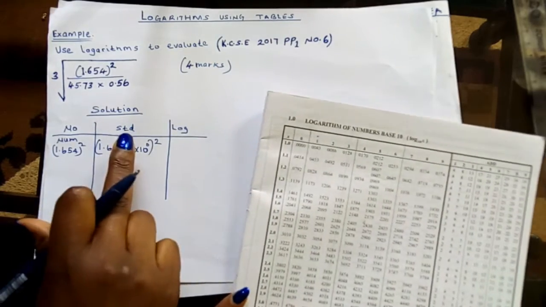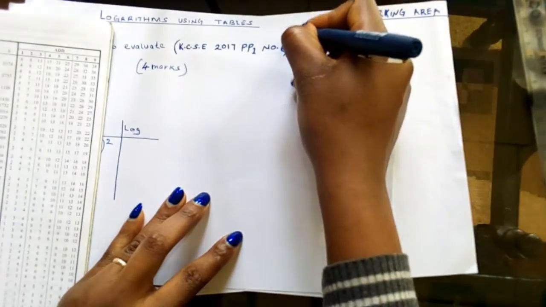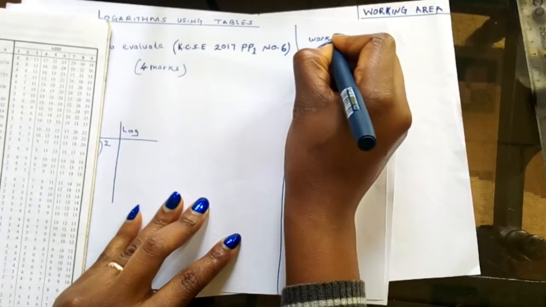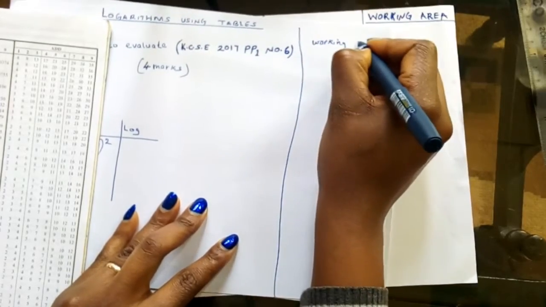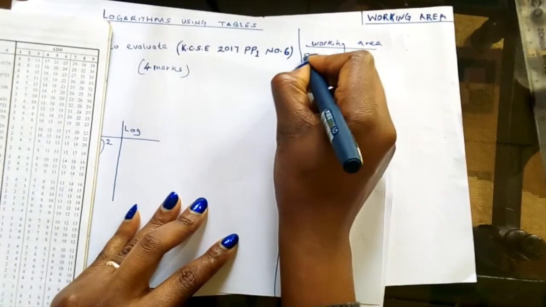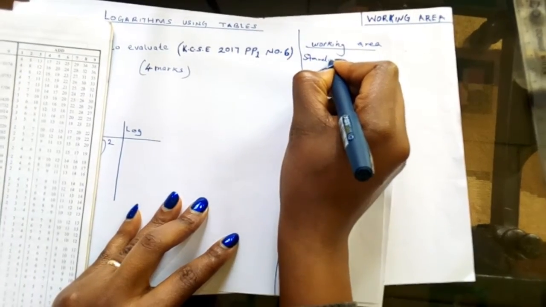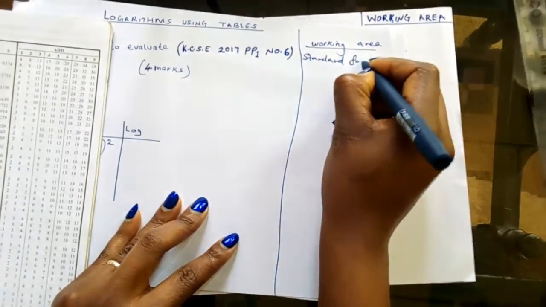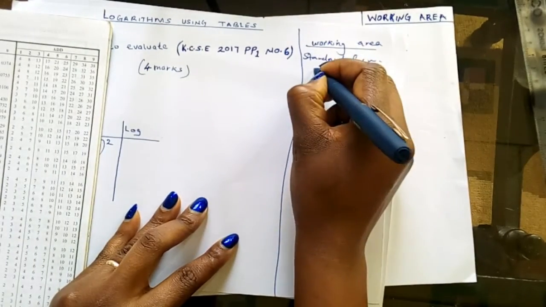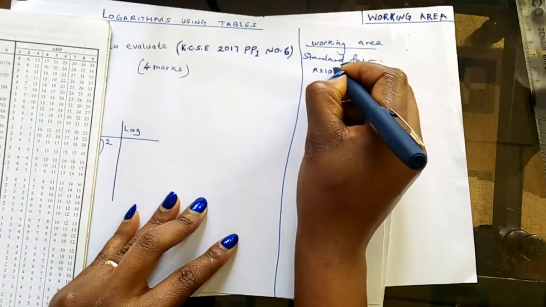Remember, when you are writing a number in standard form, maybe we should have the working area over here. Anytime you are writing a number in standard form, it should always be written in the form a times 10 power n.